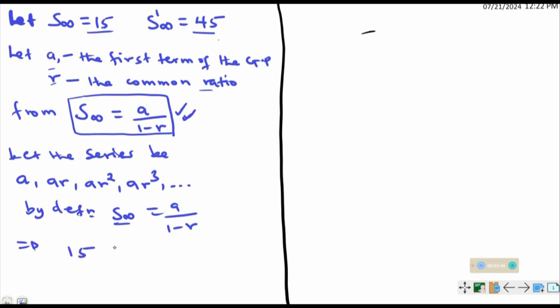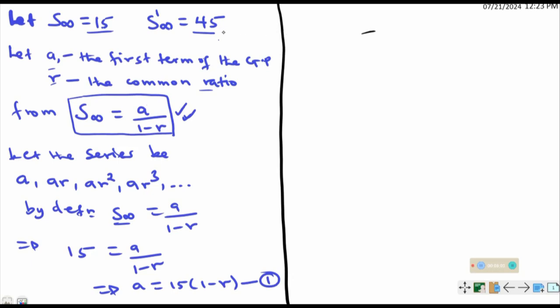So it implies that 15 is the same as a upon 1 minus r. And for that case, it will imply that a is the same as 15 into 1 minus r. We can call this one equation number 1.